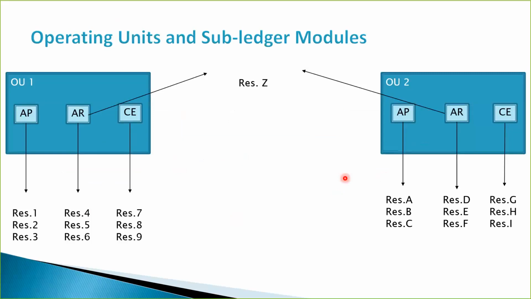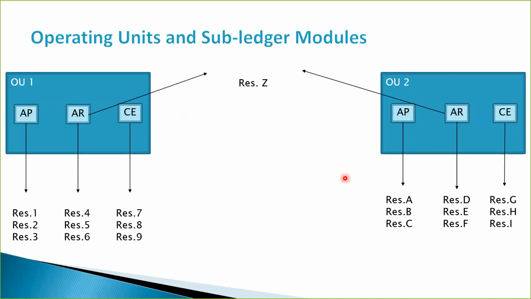Now, just a quick reminder, we discussed this when we were doing the introduction to our AP module, and I just wanted to take us back so that we can remember that AR also utilizes operating units to segregate that subledger data.